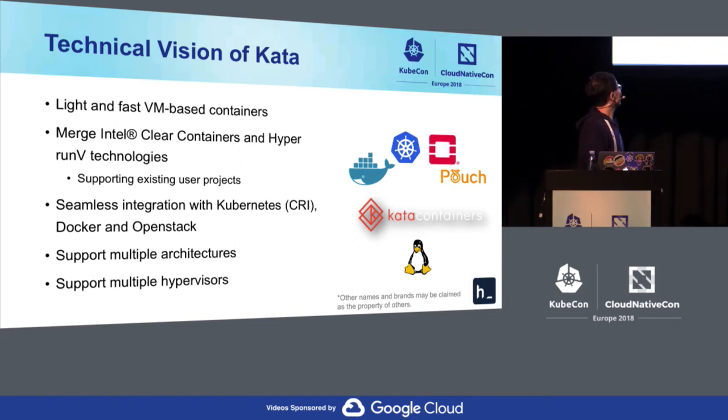Also, Kata Containers will support multiple architectures, not only Intel architecture, but also ARM and Power and so on. And we will support multiple hypervisors, not only KVM, but also Xen and something else.